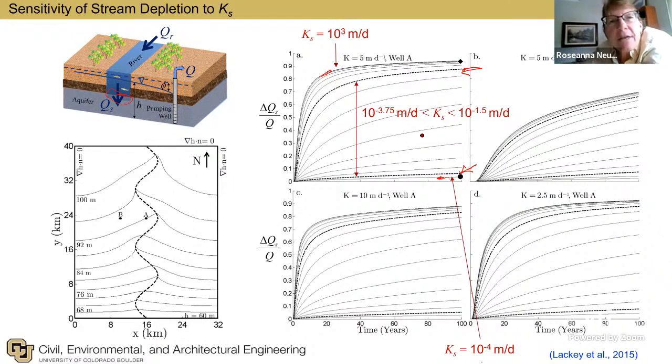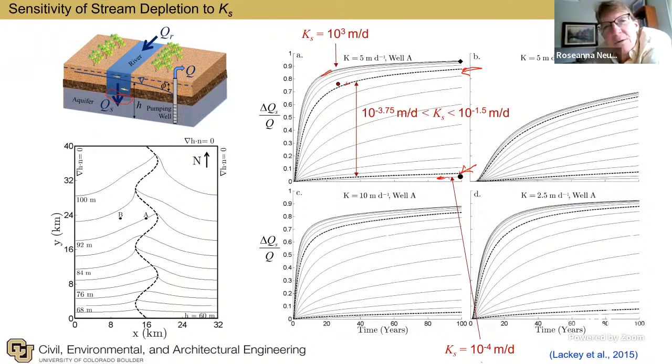If you get any higher than that, there's not much change in stream depletion, no matter how much the hydraulic conductivity of the stream bed changes. This goes all the way up to 10 to the third, so 4.5 orders of magnitude higher, and you don't really get that much change in stream depletion.